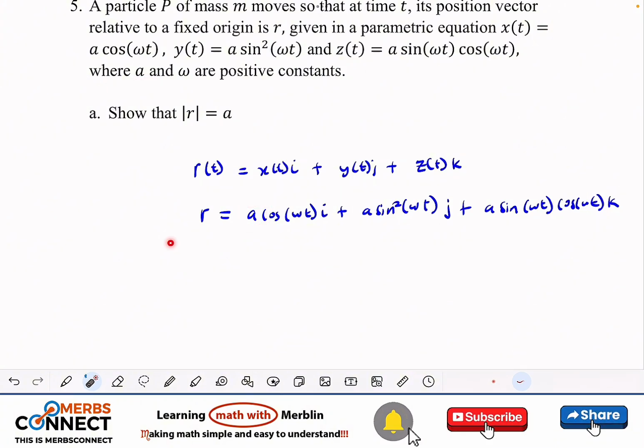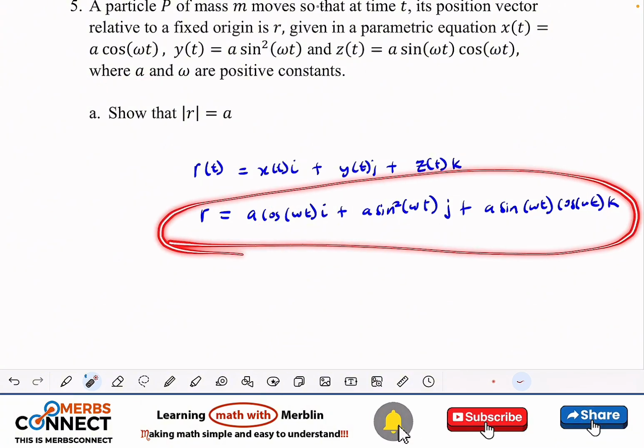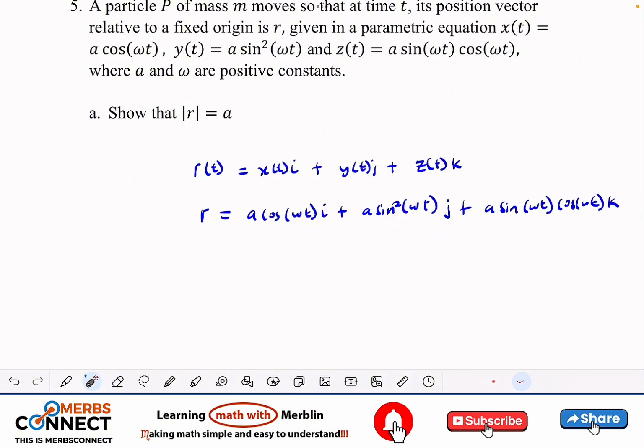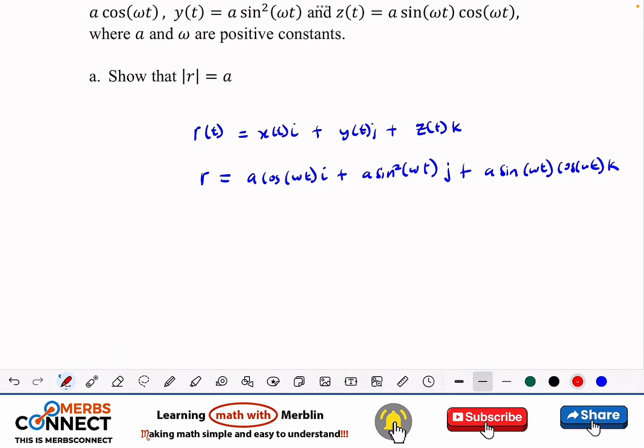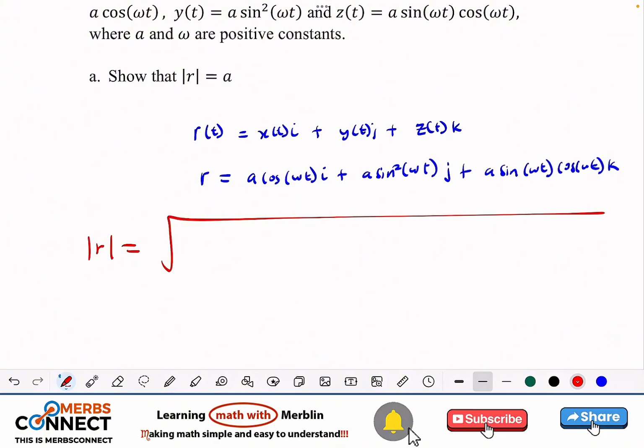So the question is saying that if you find the magnitude of this, we are going to have it equal to a. So let's see if that is true. Let's find the magnitude. The magnitude of r is equal to, so I pick the coefficient of i, j, k and just square it. The coefficient of this is a.